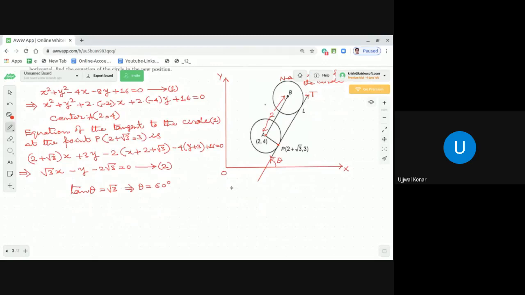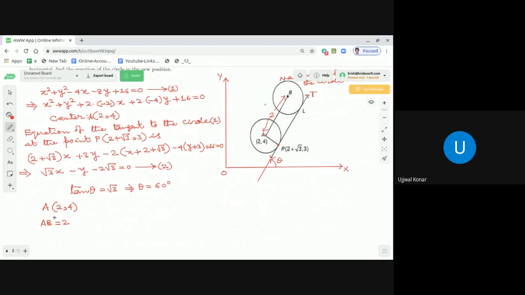So A is the point having coordinate (2, 4). AB is equal to 2 units, and the inclination of AB with the x-axis is theta.